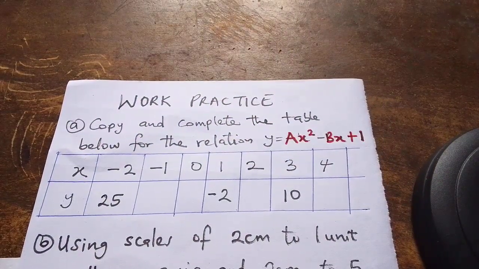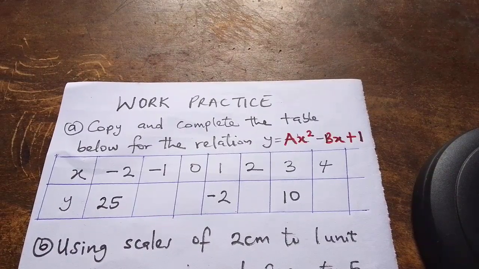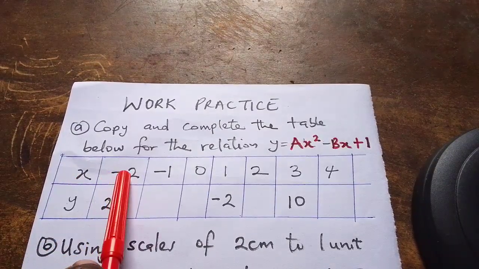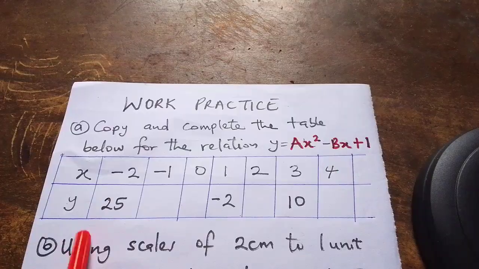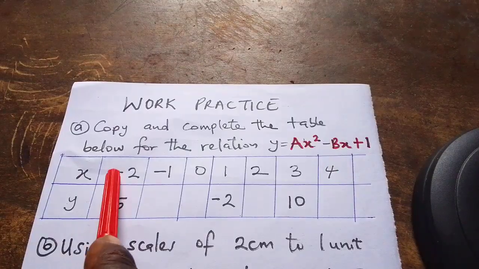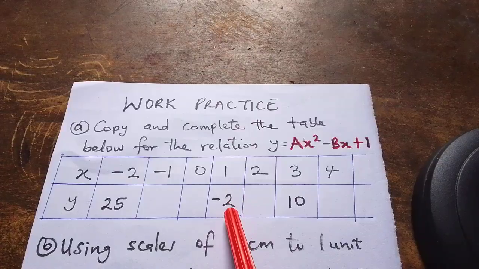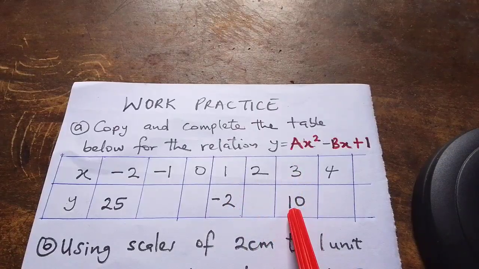Copy and complete the table below for the relation y equals ax squared minus bx plus 1, when the value for x is from minus 2 to 4, and you have been given a few values. When x is minus 2, y is 25. When x is plus 1, y is minus 2. When x is 3, y is 10.